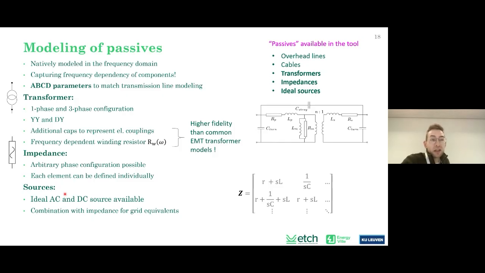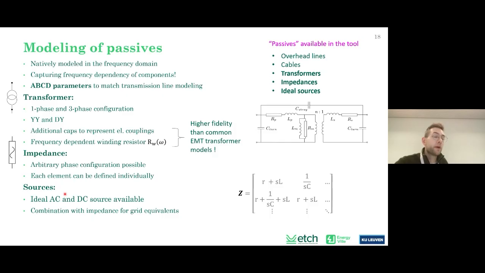And additionally, we also integrated a frequency-dependent winding resistor. And with that, we have a very accurate transformer model, which also captures the dynamics of a transformer up to 10 kilohertz, roughly speaking. And this definitely exceeds the common EMT transformer models you have in EMT tools.